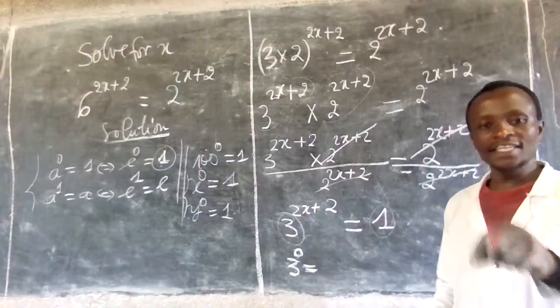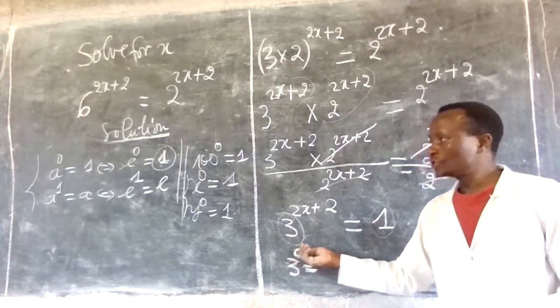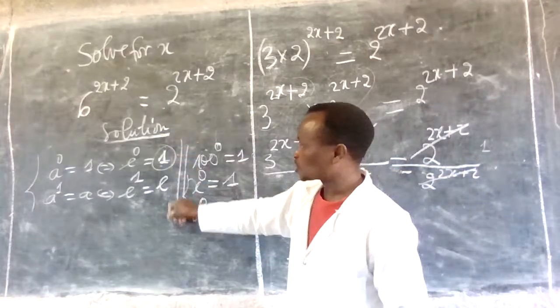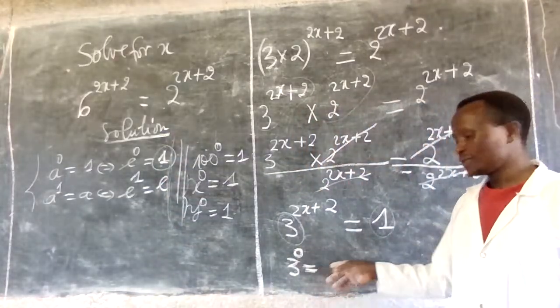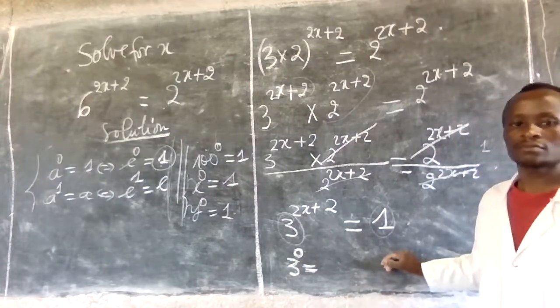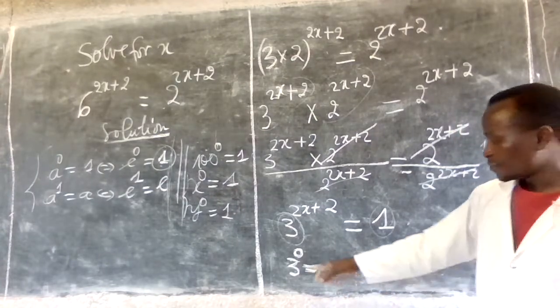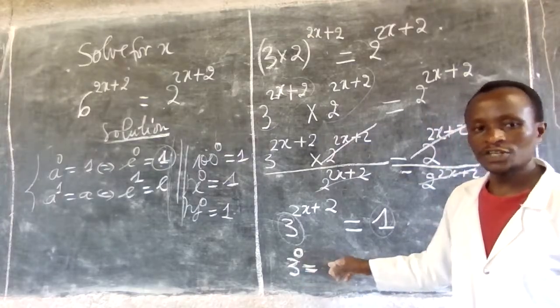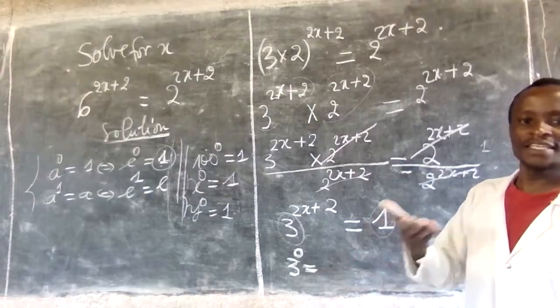In the comment, write it in the comment. A number power 0, according to what I explained here. A number power 0, how is the answer? In the comment. I'm waiting for your answer. We have 3 power 0. It is equal to... Please write it in the comment, please.